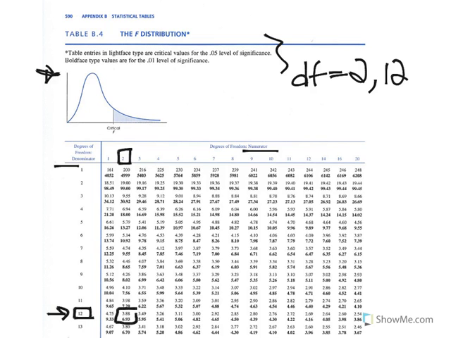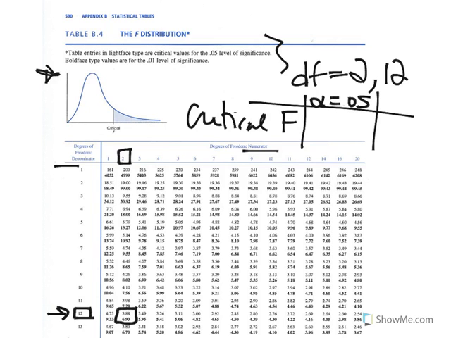And note that both of these, one is for alpha at 5%, so our critical Fs, and our alpha at 0.01 or 1%.